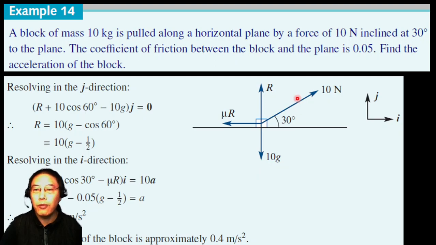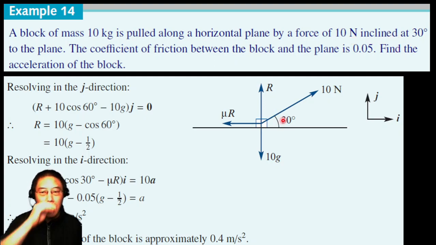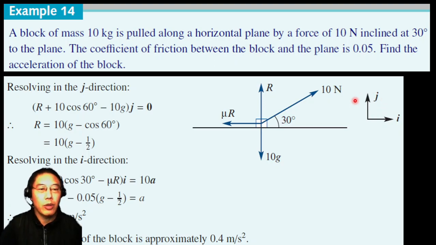The pull force is along a horizontal plane, inclined at 30 degrees, so here is the angle. Then annotate your unit vectors, and the biggest systematic part you will do in all situations for this exercise is to resolve in the i direction and resolve in the j direction.